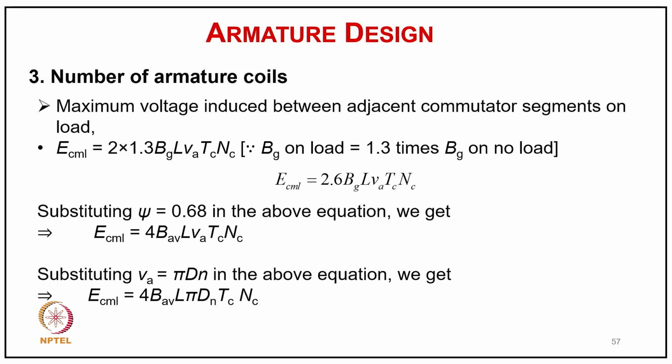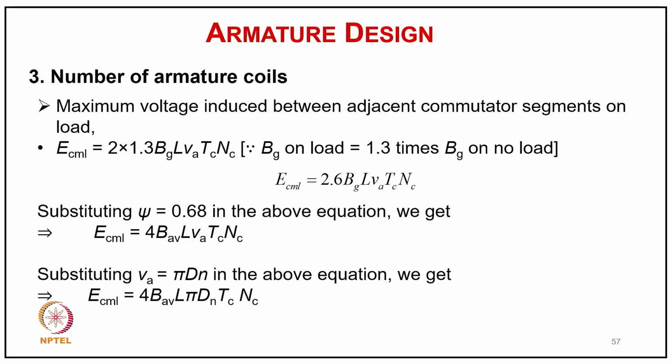Now coming to the minimum number of armature coils. The maximum voltage induced between adjacent commutator segments on load is ECL equal to 2.6 BG L VA TC NC.